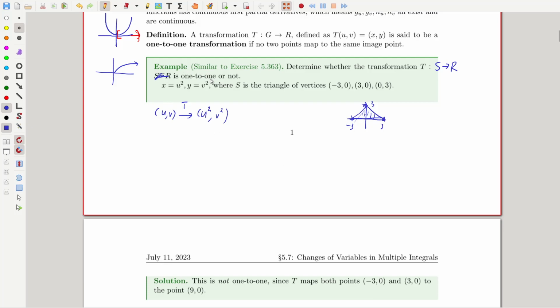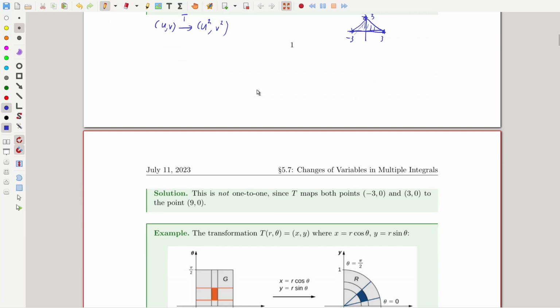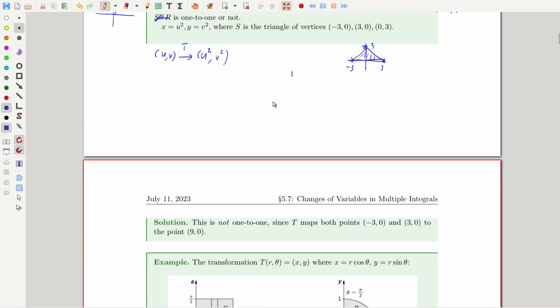So disproving 1-to-1 is easy because you just need a counterexample. You just need to find 2 points that get mapped to the same point. But if you want to prove 1-to-1ness, you actually need to show basically a for all statement, which is considerably stronger of a thing to show. And I would suspect that it's not going to show up.